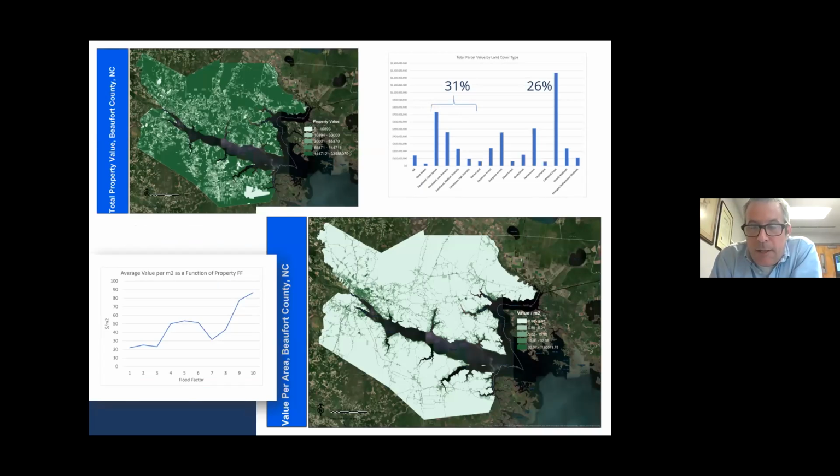You have the higher values per area near the rivers, as you'd expect, and in the city of Washington, that's up at the very tip of the Pamlico River here. And then the average value per square meter as a function of flood factor goes up, just as we were saying for Terrell County, with that dip at 7 and 8 again.